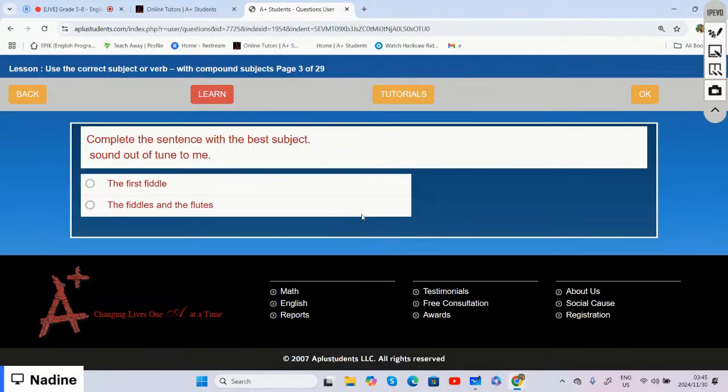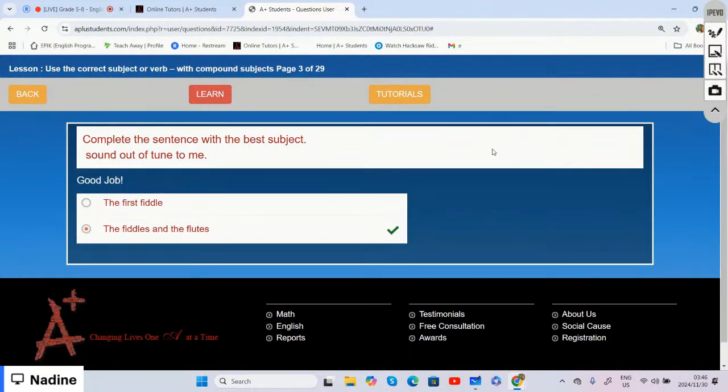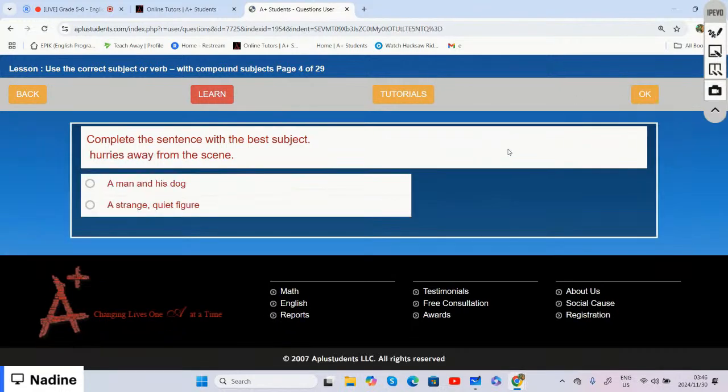Is it option one, the first fiddle, or option two, the fiddles and flutes sound out of tune to me? All right, if we were to choose the correct one, we will say the fiddles and the flutes sound out of tune to me.